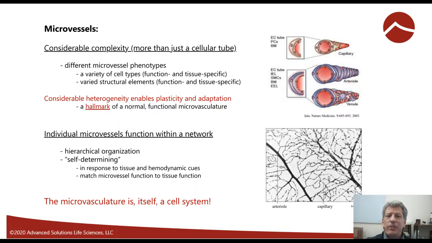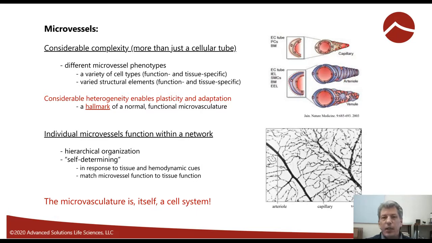And that cellular heterogeneity, we feel, is really important in allowing the vasculature to take on these organotypic features, to adapt and remodel and fit the function of the tissue, matching the vascular needs.